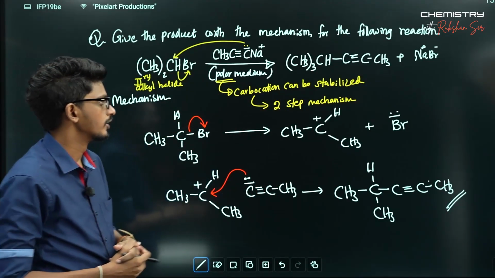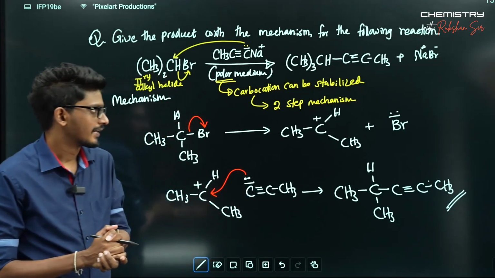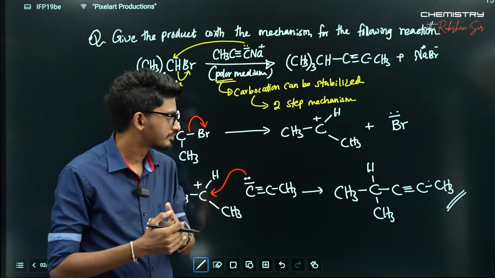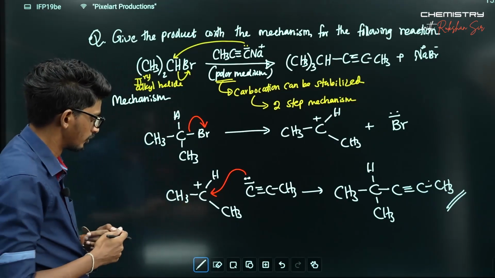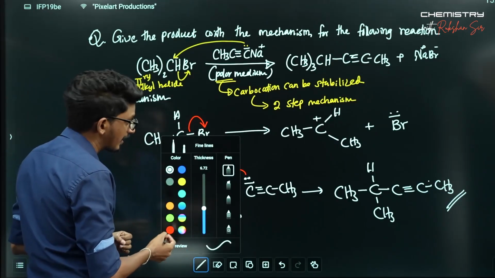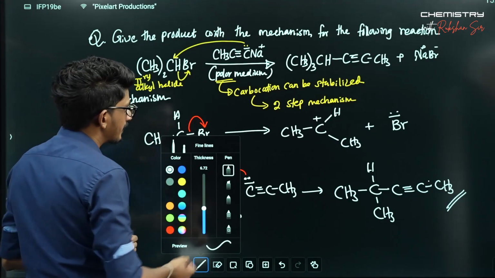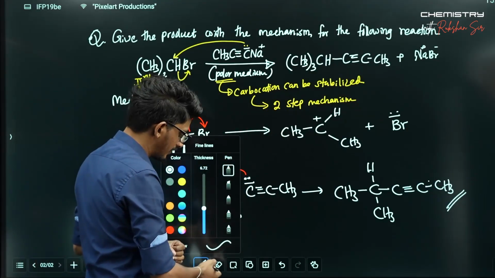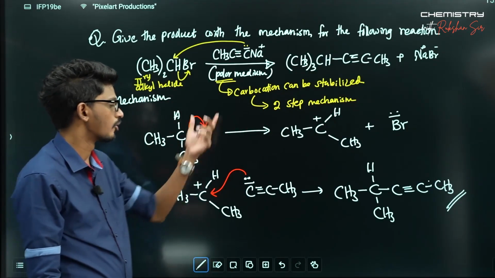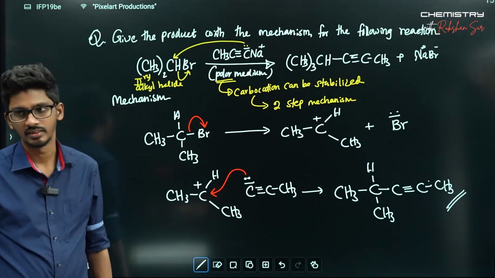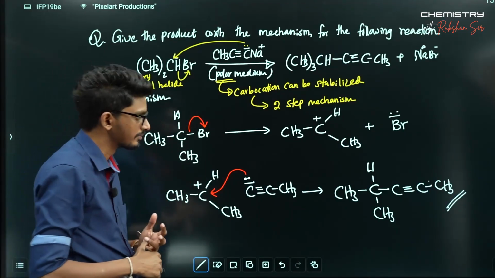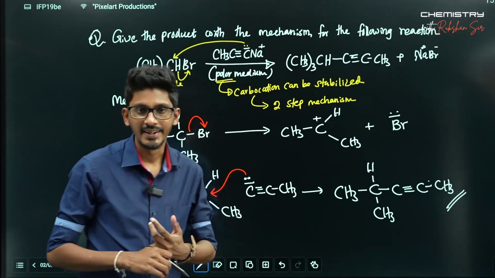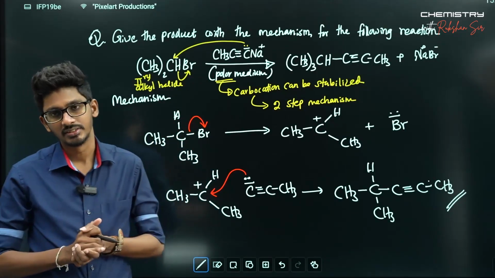So a two-step mechanism can be used to form the products. This is possible as the carbocation can be stabilized by the medium, as it's a polar medium. That is how we are supposed to decide the mechanism of a secondary alkyl halide if the polarity of the medium is given.